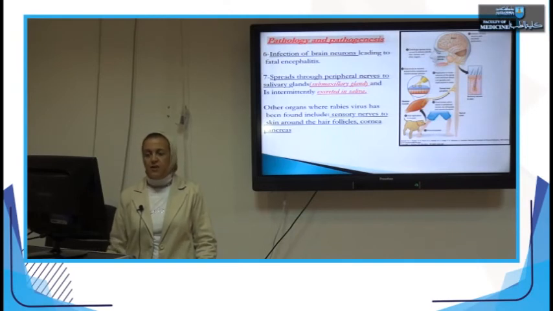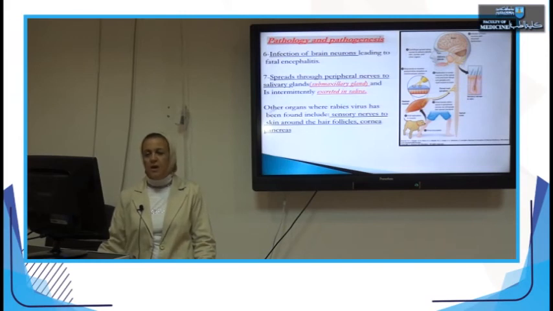After this fatal encephalitis, or destruction of the brain cells, the virus starts to spread through the peripheral nerves to several organs in the body, mainly the submaxillary salivary glands, where it replicates once more, and the virus is excreted intermittently in the saliva of the infected individual or animal.